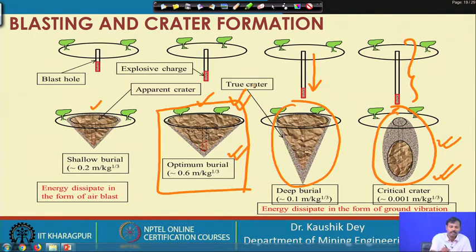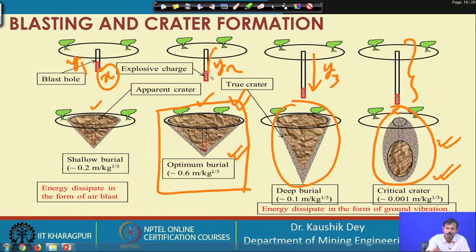So, suppose this is x kgs of explosive placed at a depth of y1. This gives us the shallow burial condition, where we are getting some crater volume which is less than the optimum burial. Then we are getting y2, this is y3, and comparing the y1, y2, y3 burials, we have found that the maximum we are observing is at y2. So, this is the optimum burial.